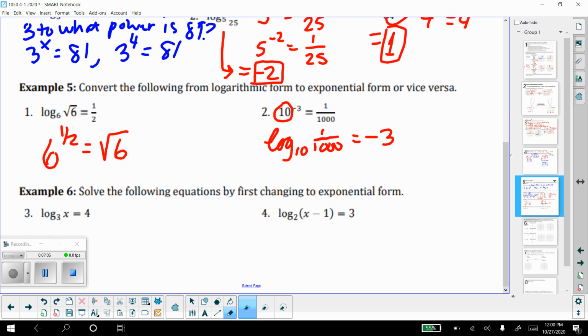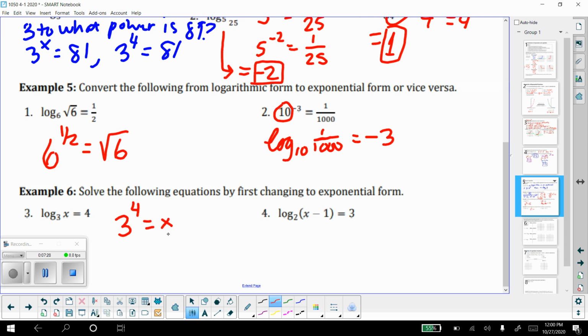Okay, solve the following equations by first changing to exponential form. So for this problem 3, I'm going to change it to exponential form, so instead of log base 3 of x equals 4, our exponential form for that would be 3 to the 4th power equals x.